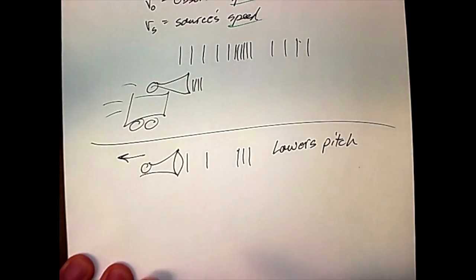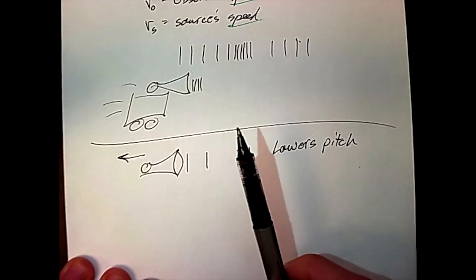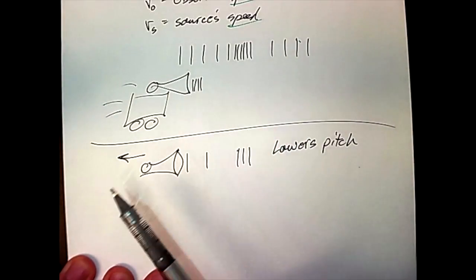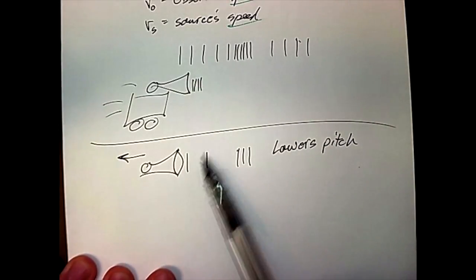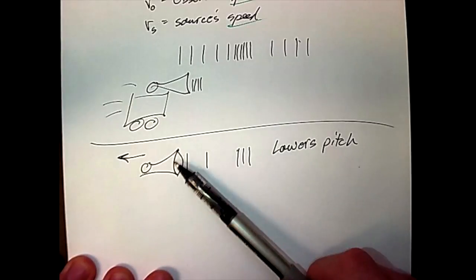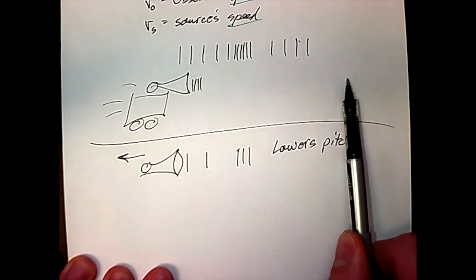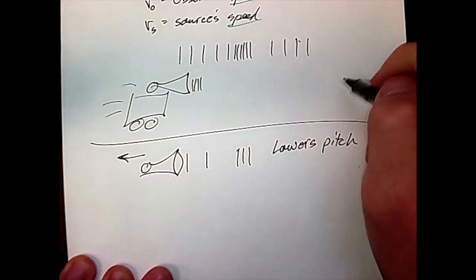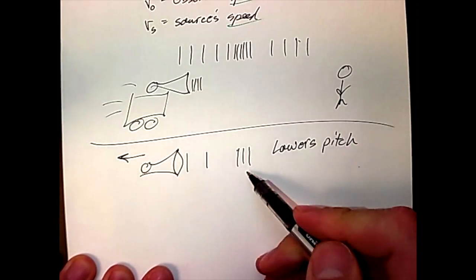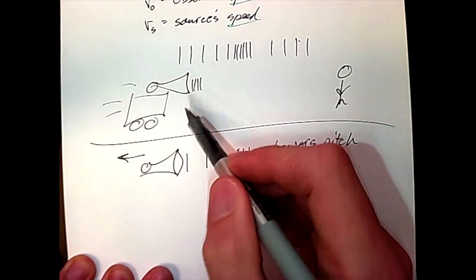And now the interesting thing about the Doppler effect in general, the reason why the formula has to account for both the source and the observer, is that this distortion of the air at the source is not the same type of distortion that would occur if the observer were over here. And so if the observer is sitting stationary, then the higher pitch or lower pitch is simply due to that changing of the air at the source.